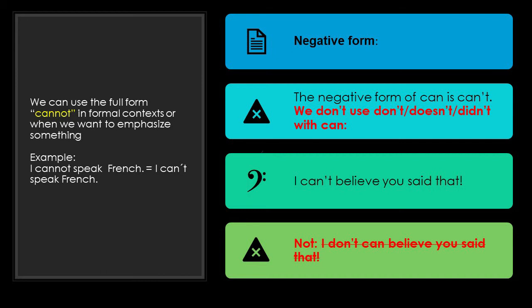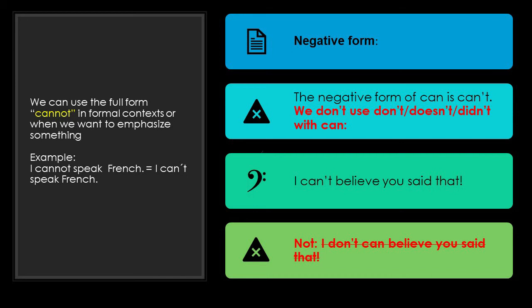For example, if I want to say something negative, I'm going to say I can't believe you said that. We are unable to say I don't can't believe you said that. This is incorrect. The correct form is I can't believe you said that or I cannot believe you said that.